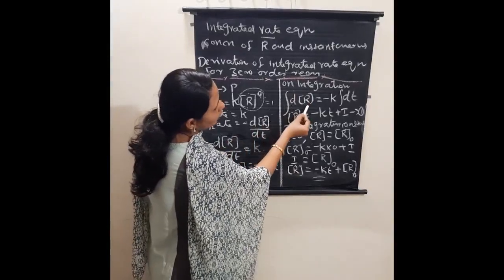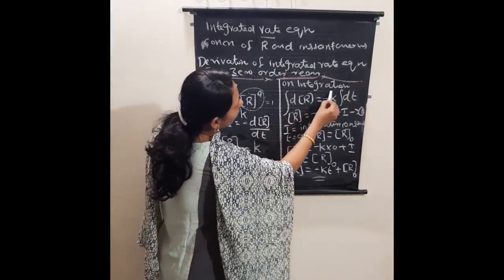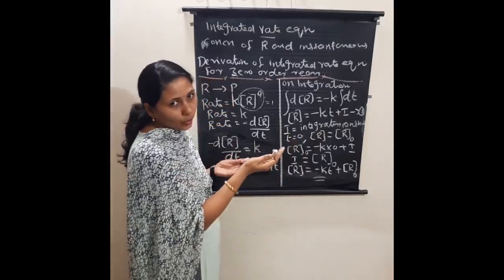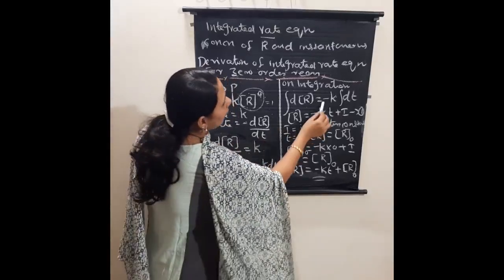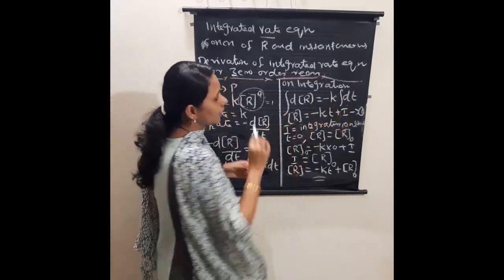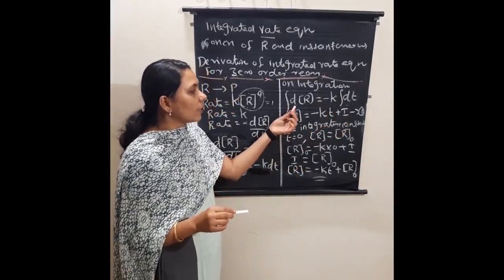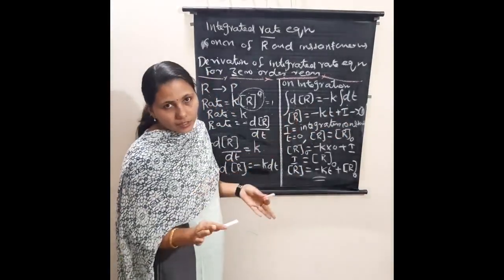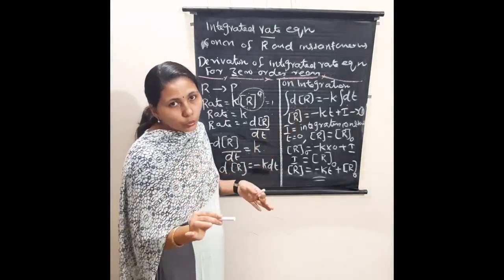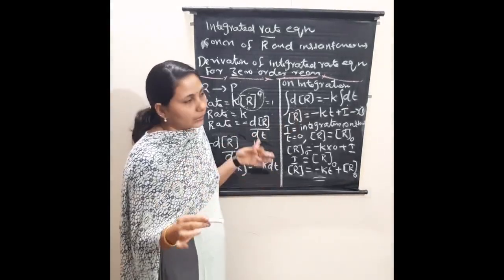Minus d[R] equals minus K into the integral of dt. Why am I taking minus K out? Because it is a constant, we can't integrate it. We know the integral of dx equals x, according to the law of integration.